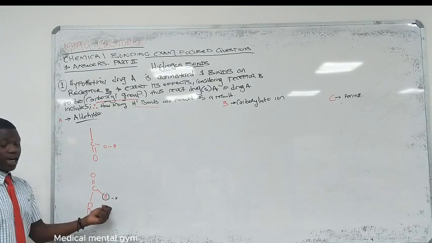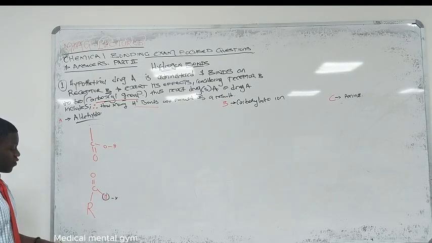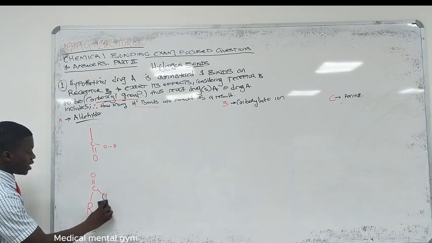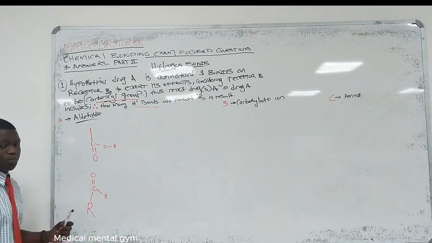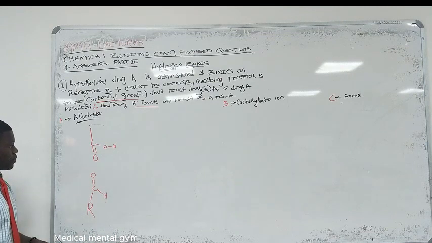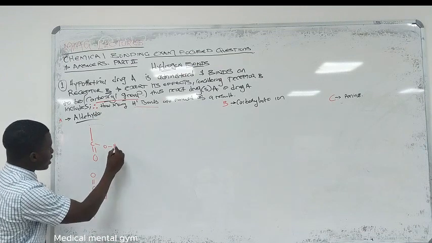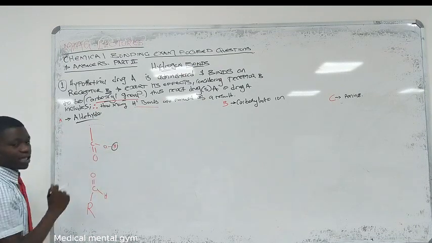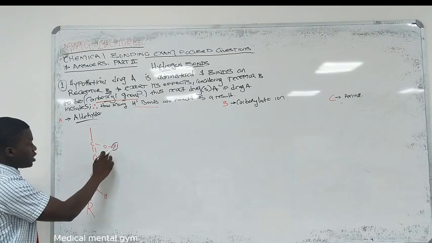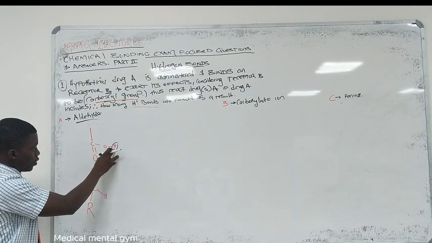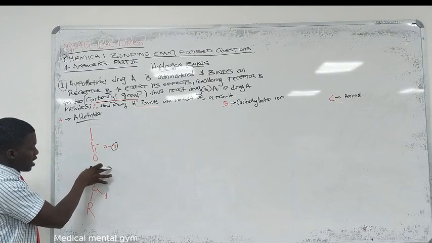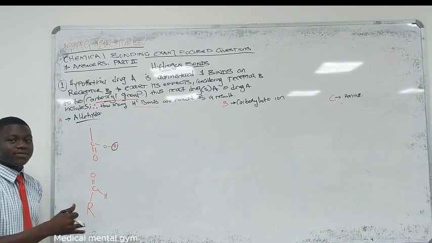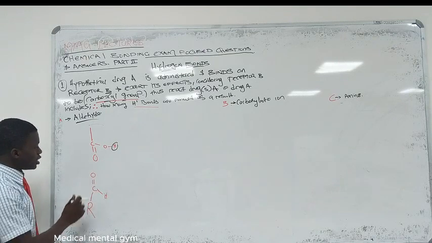So from that definition, let's get the skill of identifying possible hydrogen bonds to be formed. The presence of this hydrogen here is a possibility that a hydrogen bond can be formed. So from this molecule, we get this hydrogen, and from the other molecule, we try to detect an electronegative atom, such as oxygen here.